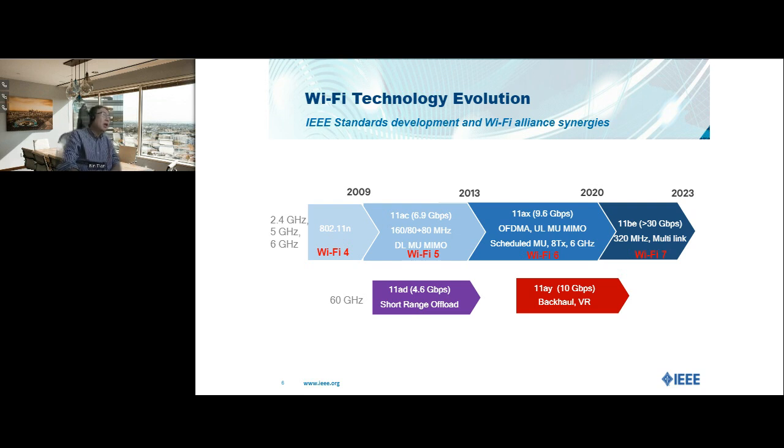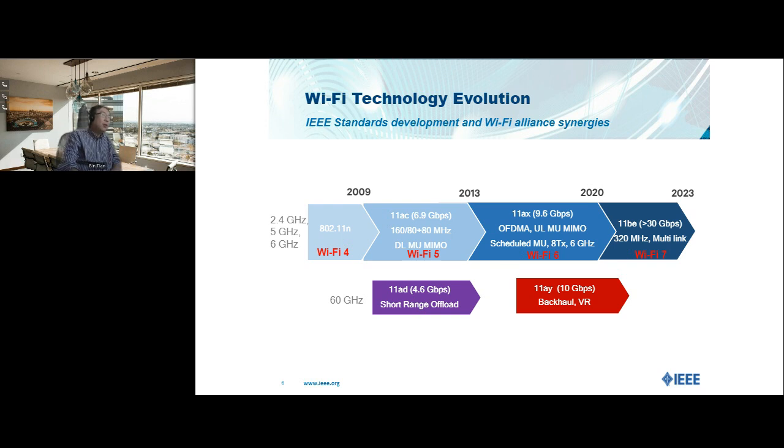Beyond the 2.4 and 5 GHz bands, another big effort is on the 60 GHz band. In that one, there are 11ad and 11ay. All of them try to explore the millimeter wave band and provide very high throughput and very low latency applications.